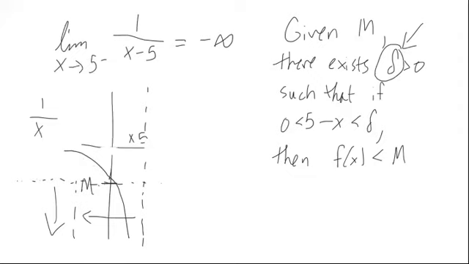On the other hand, if we had drawn delta over here, that would work because the function is completely contained in that box. It goes that way forever, and the function is completely contained in it.